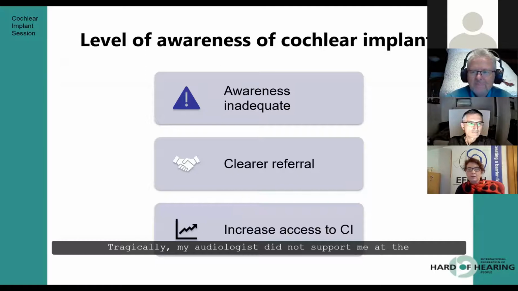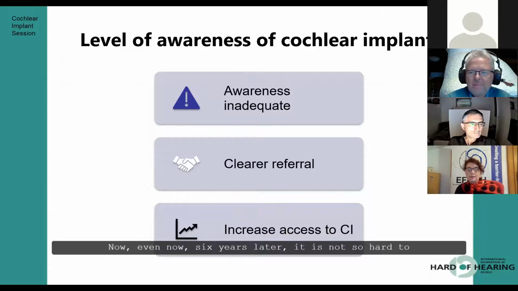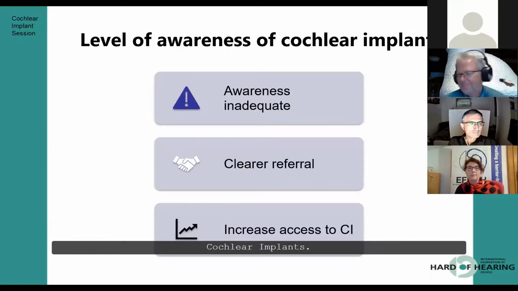Tragically, my otologist did not support me at the beginning of my interest in getting a cochlear implant. My hearing aid specialist explained more to me about it and about the next steps. And even now, 6 years later, it is not hard to find doctors who do not know anything about cochlear implants.